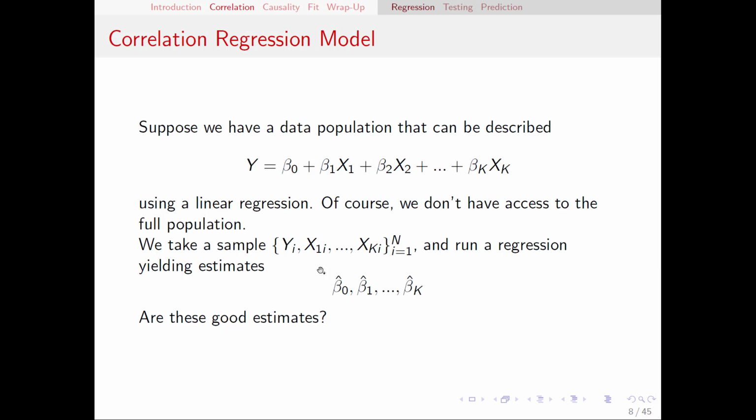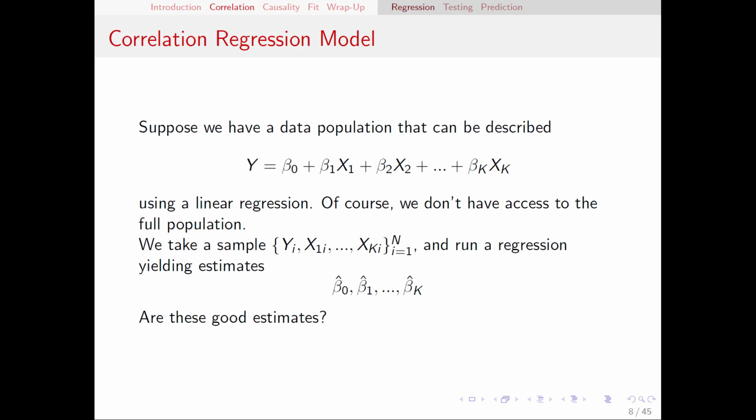For each observation, we're going to have a value for each of those. When we run the regression using our sample as opposed to the population, that's going to give us estimates of our parameters. Those are our beta hats. If we had the entire population and ran a regression with that, then we would know the true betas in the population. But we don't, and so we're going to use our sample and use our beta hats instead.